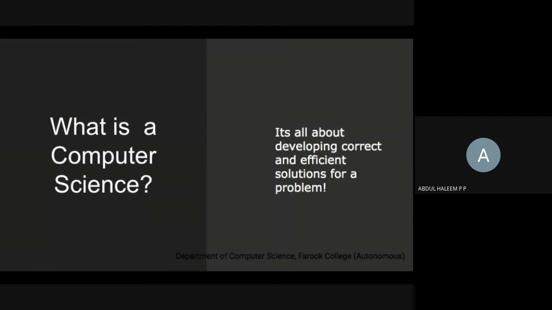A program should also take less time: space efficiency and time efficiency. And these aspects also should be measured. After that, we will come up with a problem solution. So the entire computer science field is centered around this major area.